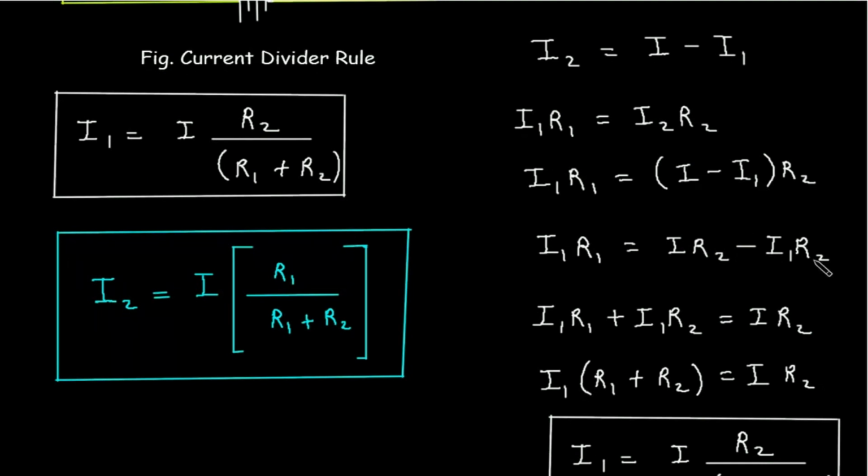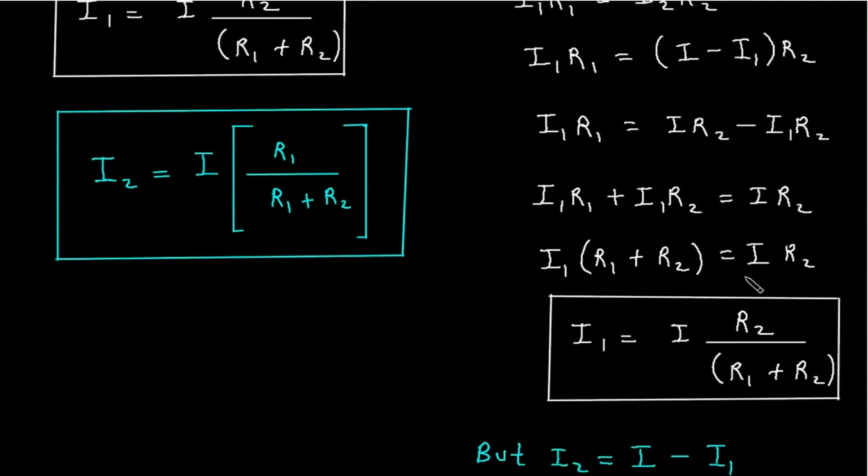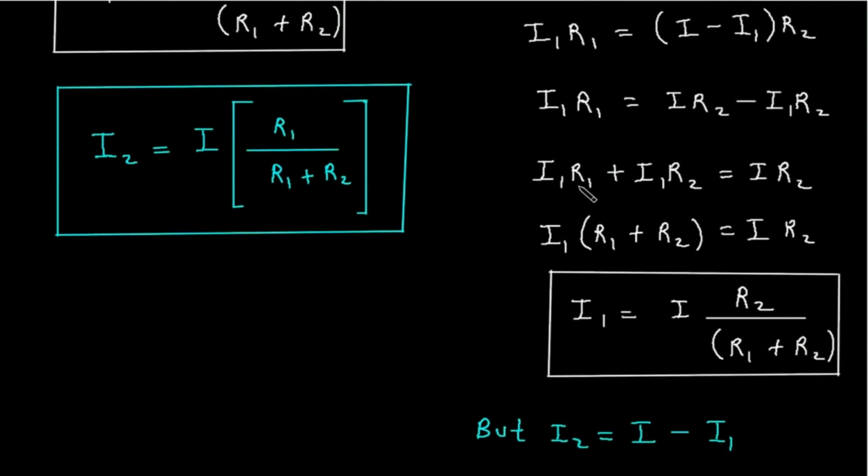Then if we take the I1 R2 term to the left side, it will be positive. So I1 R1 as it is, plus I1 R2, is equal to I into R2. Then we can take I1 common.